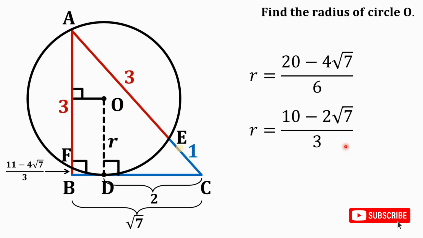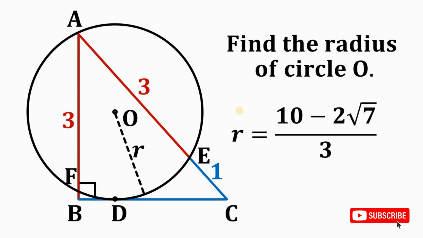And that is the length of the radius of this circle O. Therefore, given this figure, the radius of the circle O is equal to 10 minus 2 times root 7 all over 3. And as always, we are done.